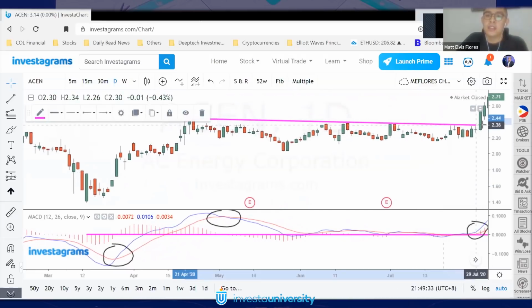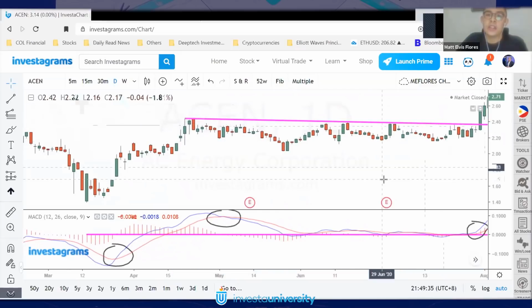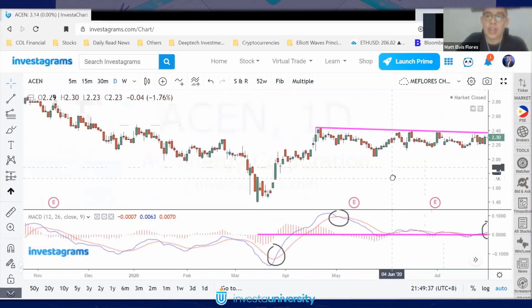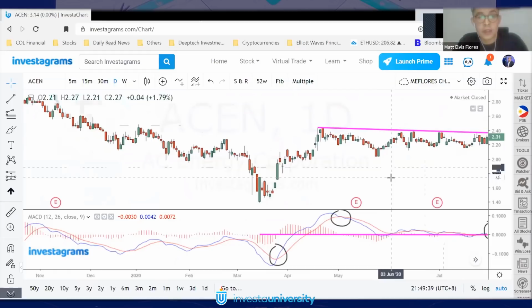So, this is now the perfect example na, number 1, you've done the classical technical analysis na tinuro sa InvestaUniversity. You have the basic support and resistance. And then, you apply now these different indicators. So, dito na papasok yung MACD mo. Meron ng additional bias na, this is the time for me to buy.